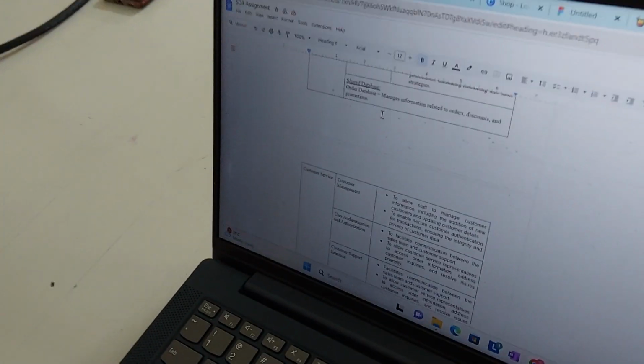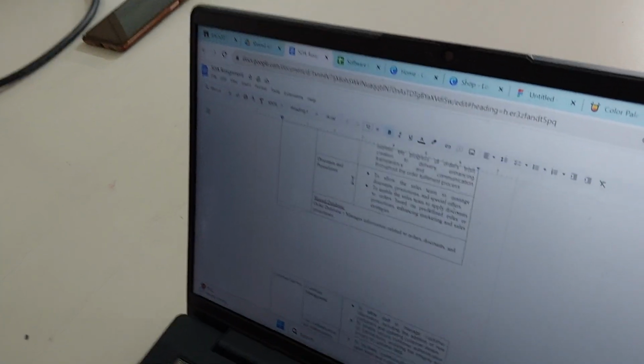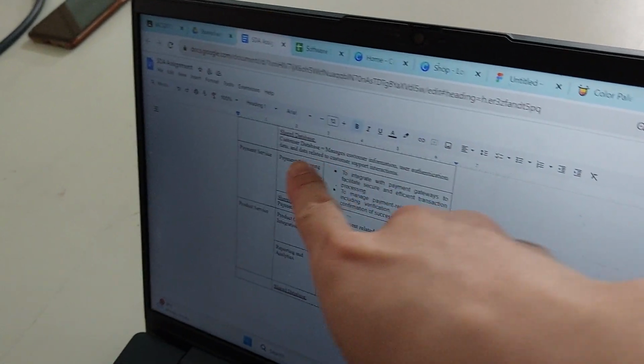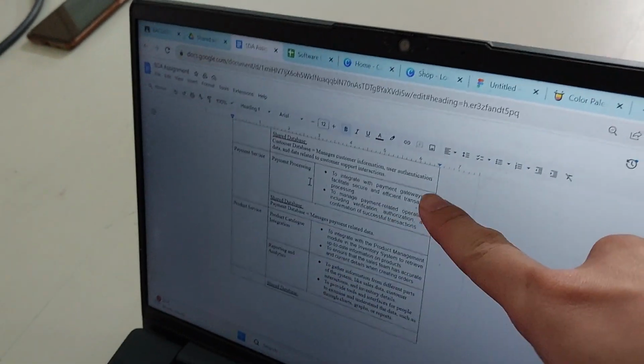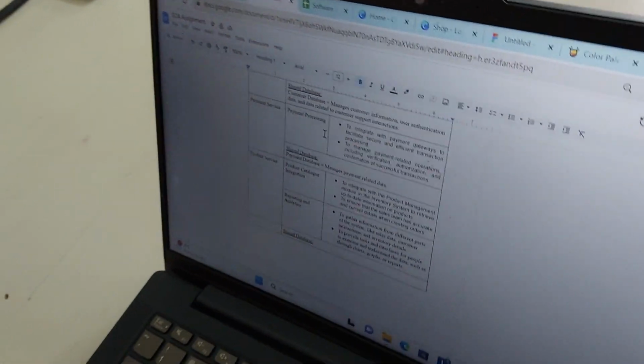So just now, maybe this can be done for the order, but the payment is only payment processing like this. Can it be combined with others, or with product service?